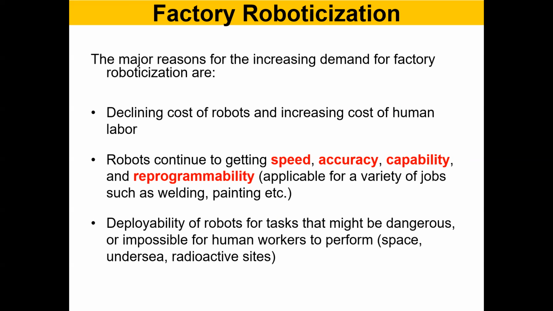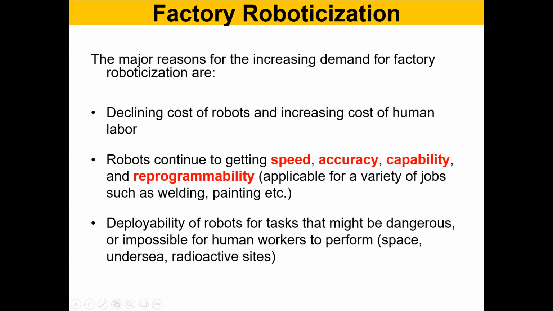So what are your reasons to go for factory robotization? Why do you want to bring in robots, right? You need to have an informed decision here. So I can provide you some hints, some bullets, right?